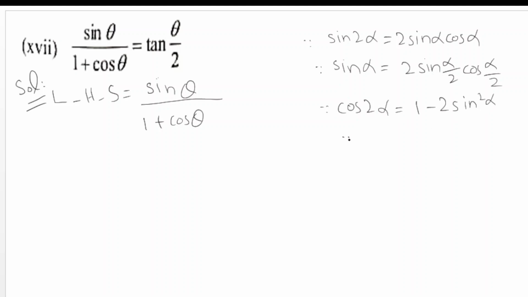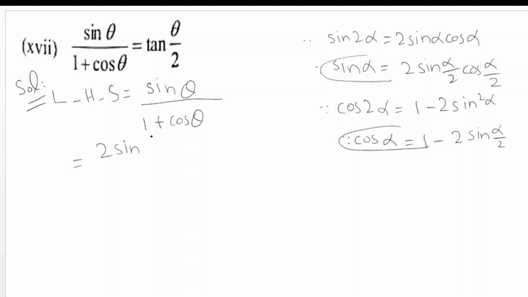Okay, but when it will be 2 sine only simple cos alpha, that will be 1 minus 2 sine square alpha by 2. So the first, this formula and this formula we are going to apply over here. So let me write here 2 sine alpha by 2 and then cos alpha by 2.